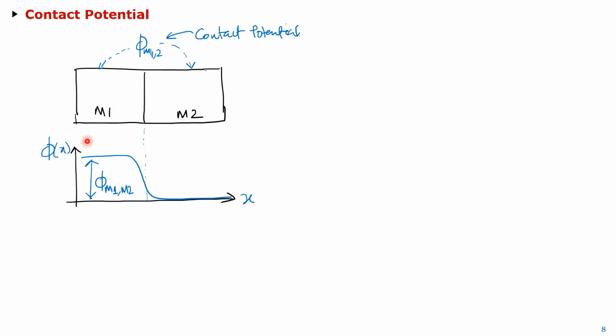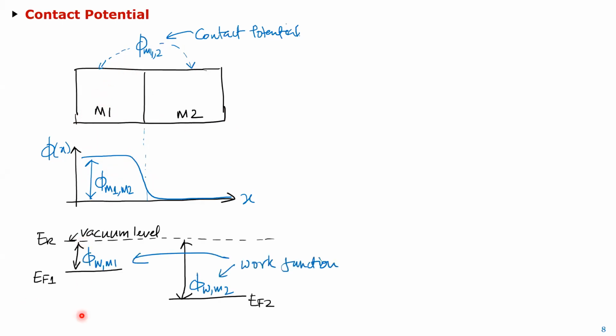So if I plot the potential of the electron across this contact, it'll look like this. It'll have some potential of the electron in M1 and it'll drop in M2. This difference is what's called the work function difference. The reason it's called that is that this potential difference is nothing but what you'd spend if you took an electron from the material's Fermi level to the vacuum level.